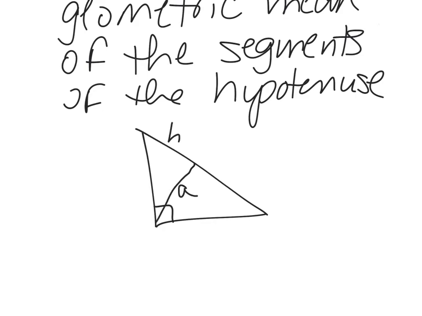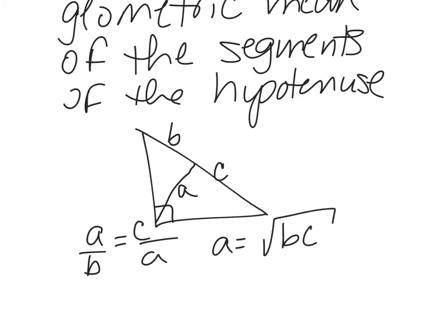That means if this is B and this is C, you do this. Those are diagonal, B and C. So the altitude will be the square root of the product of the pieces of the hypotenuse. At least that way you get your proportion set up right, and once you have your proportion, then you should be home free.